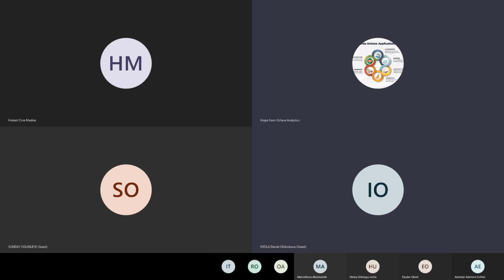Database management, the different applications you could use, PostgreSQL, MySQL, and the rest.